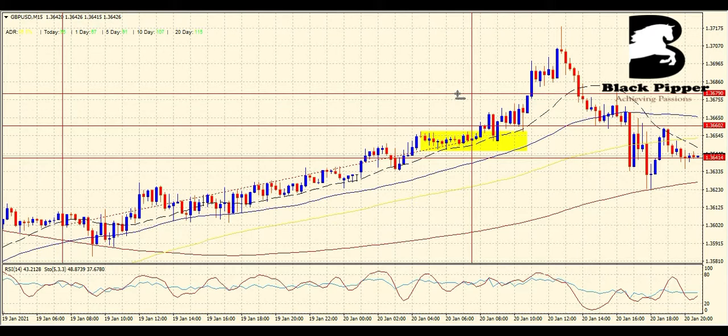Sorry, 1.3679. This is our first target, and the next target could be 1:2. You can add 20 more pips, around 1.3699.